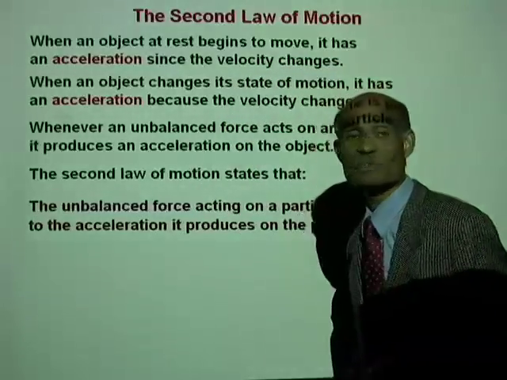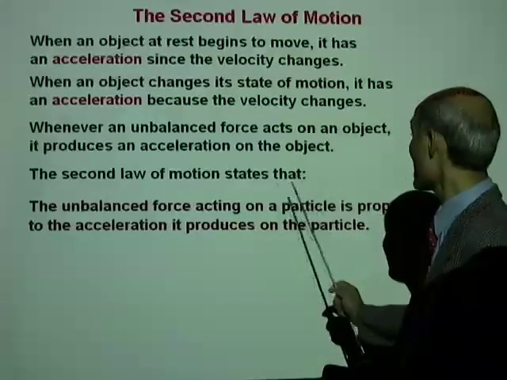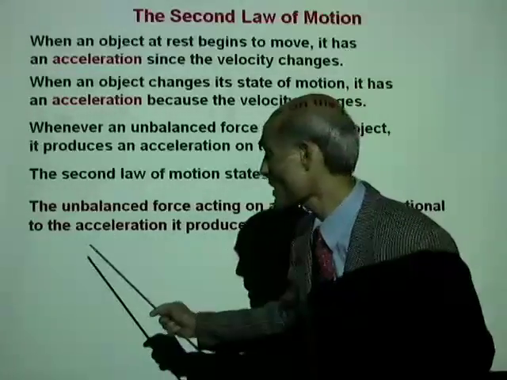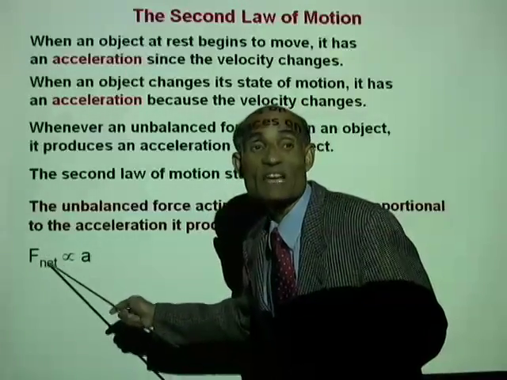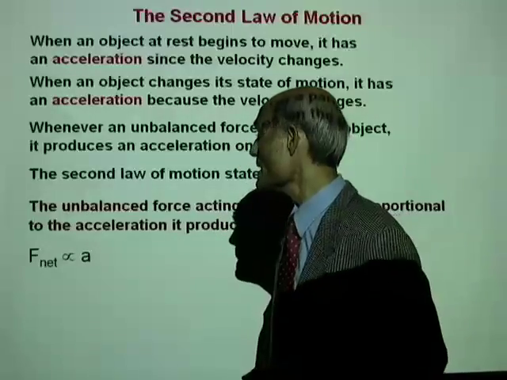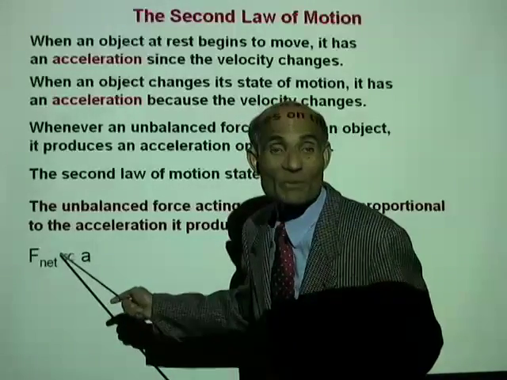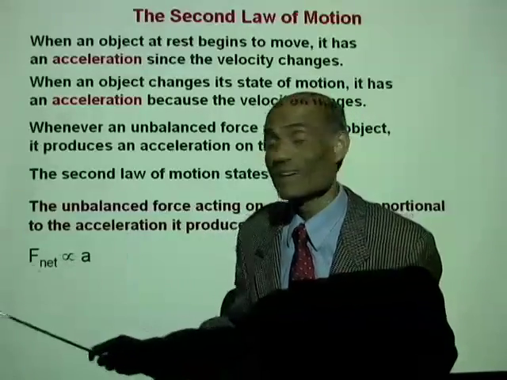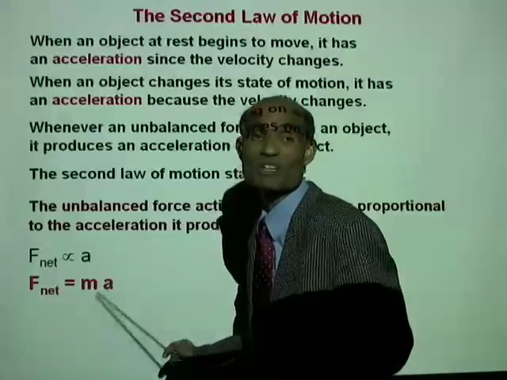So the statement of the second law: the unbalanced force acting on a particle is directly proportional to the acceleration it produces. Can you write that down as a mathematical statement? Yes, F net force is directly proportional to the acceleration a. And you know that whenever we make a statement like this in physics, the proportional sign can be replaced by an equal sign, and so you can say F net equal to a constant times the acceleration.